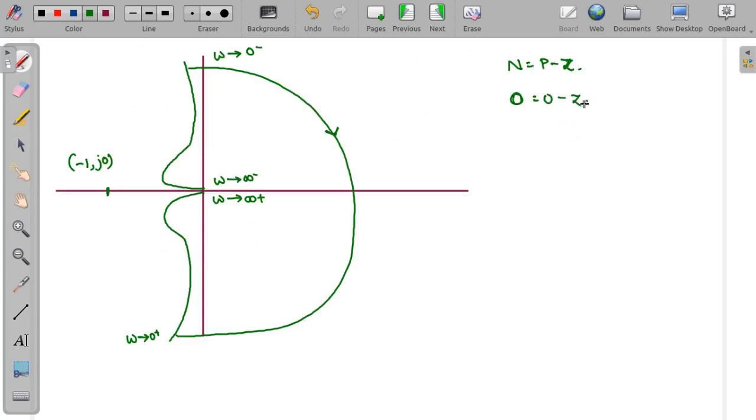Z is the number of poles of the closed loop transfer function in the right half plane, and that comes out to be 0. So the CLTF will be a stable system. Like this we solve the question.